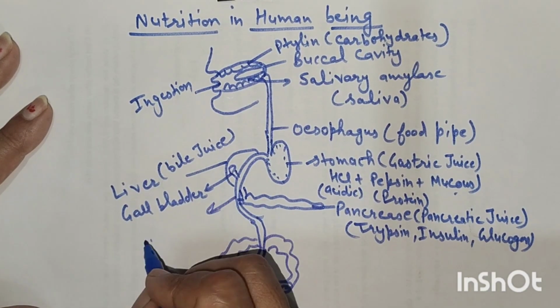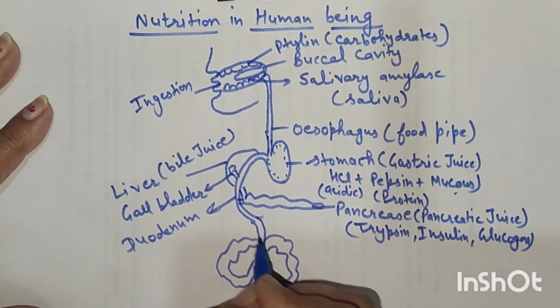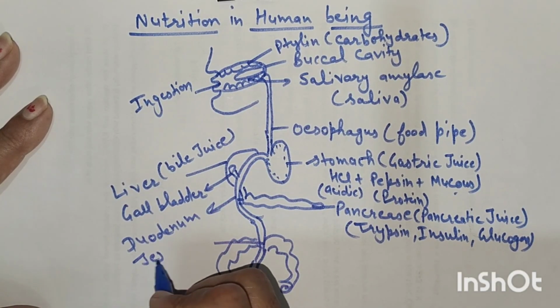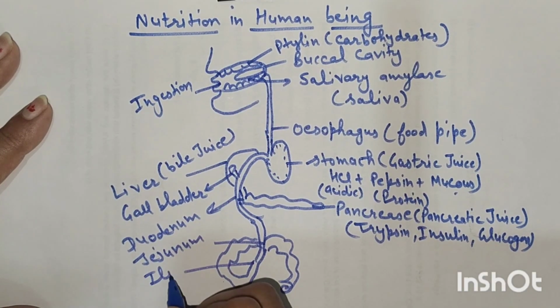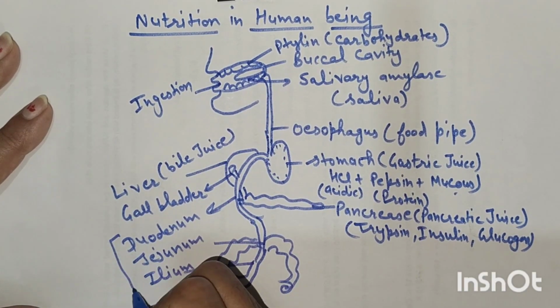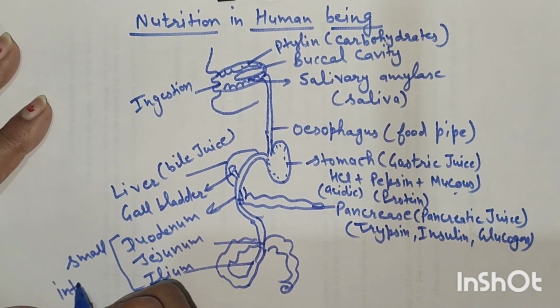This is called the duodenum, jejunum and ileum. All these are parts of the small intestine.